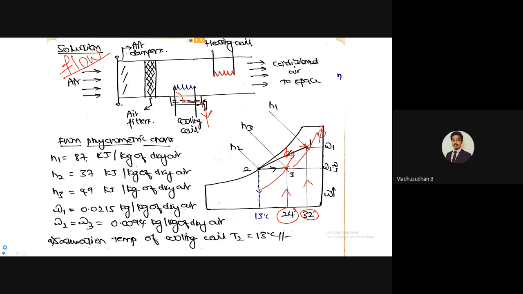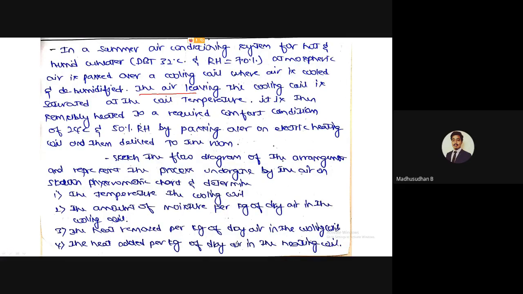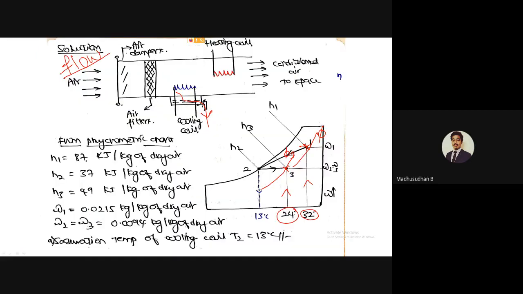Now, he has used one particular sentence: the air leaving the cooling coil is saturated at the coil temperature. That means your process from 1 to 2, which is cooling and dehumidification, takes place until the saturated point is reached. So that is what he meant. In order to plot the state 2, you have to extend it up to the saturated curve.